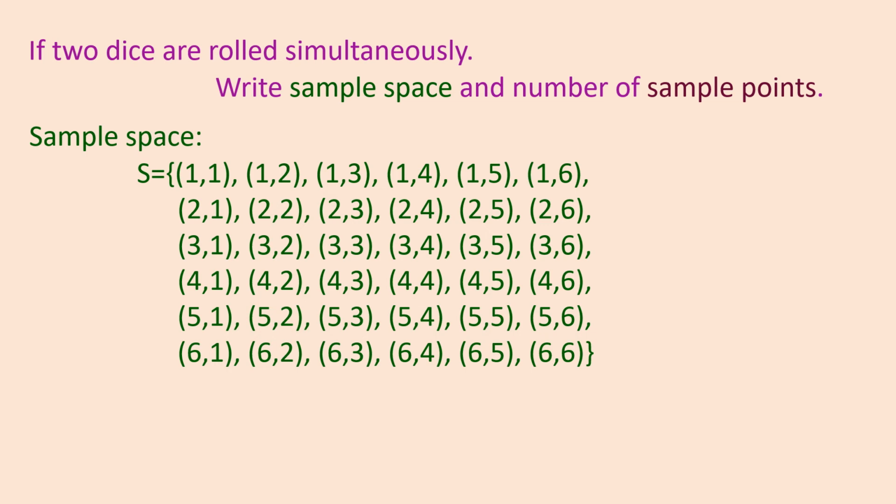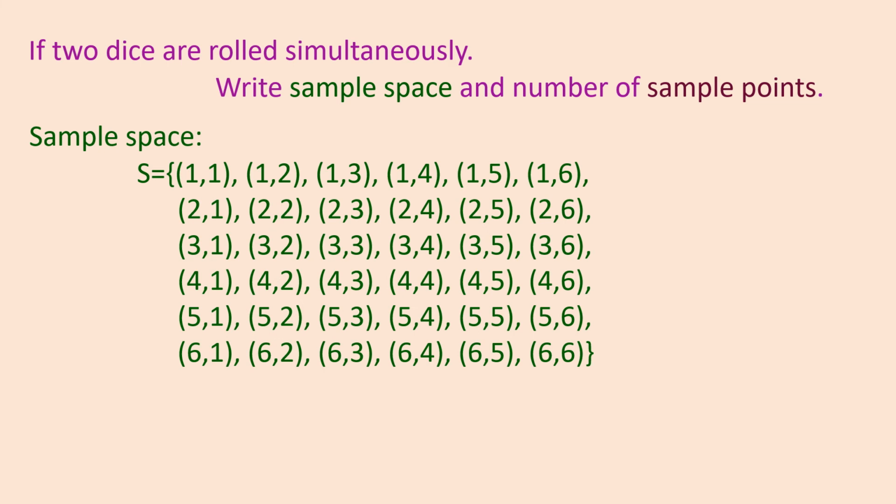You can see if on the first die you have 1, then the second die can have 1, 2, 3, 4, 5, 6. The way it is written, the same way you have to write down the sample space. Same way, if the first die has 2 on the upper face, then the second die can have 1, 2, 3, 4, 5, 6.